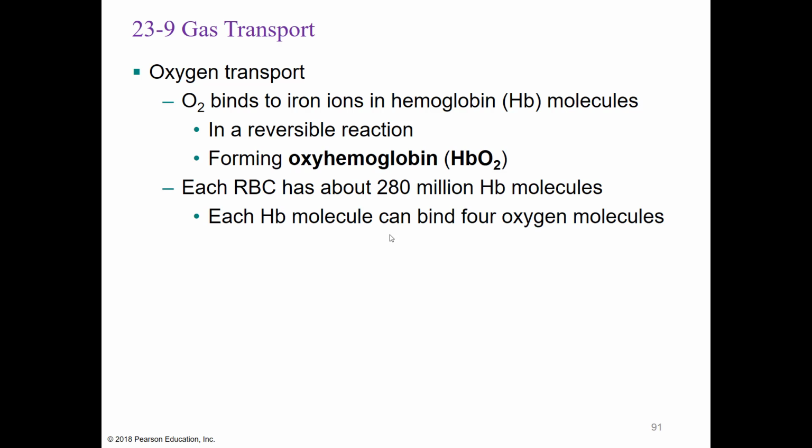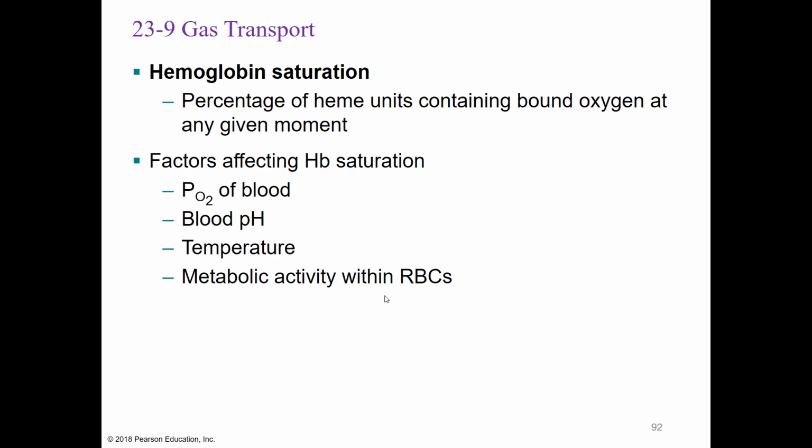Each red blood cell has about 280 million hemoglobin molecules. Each hemoglobin molecule can bind 4 oxygen molecules. Hemoglobin saturation is the percentage of heme units containing bound oxygen at any given moment.